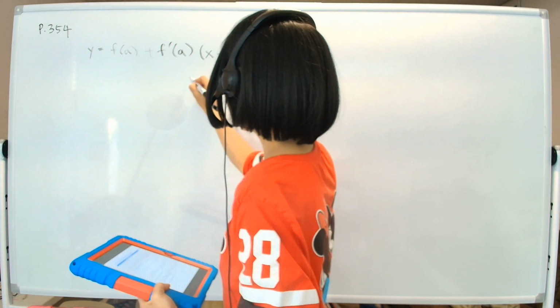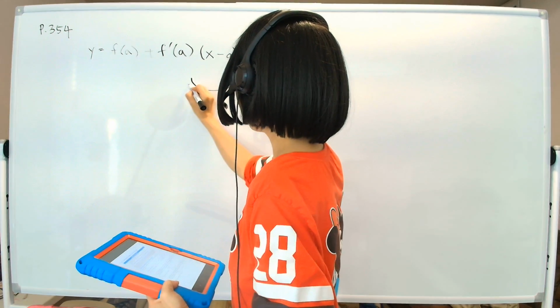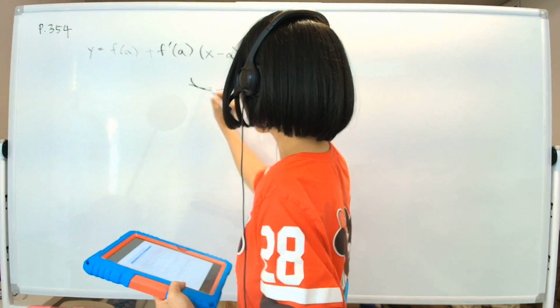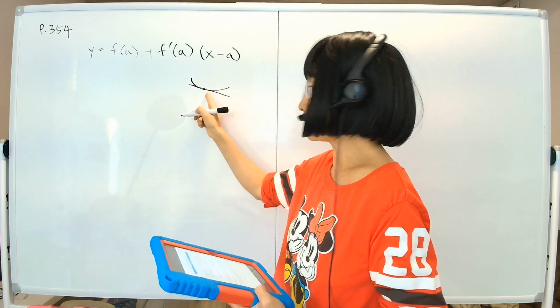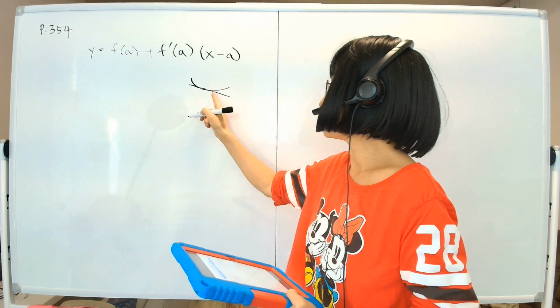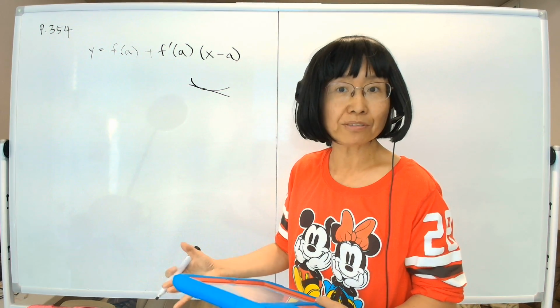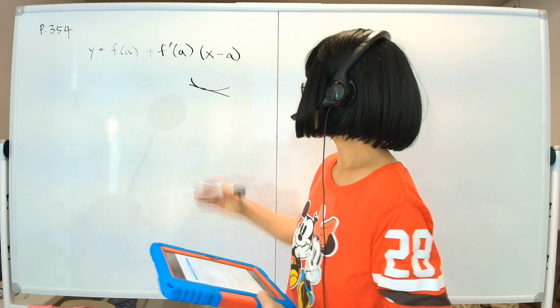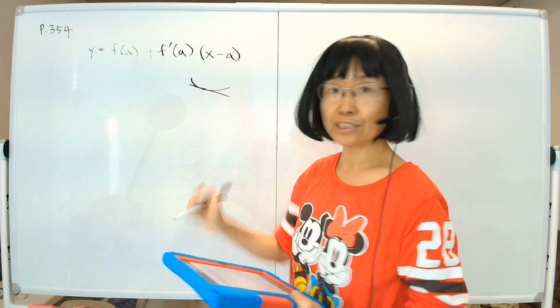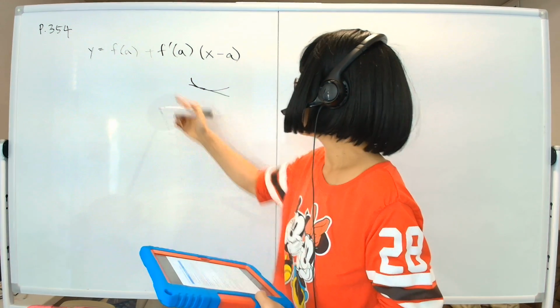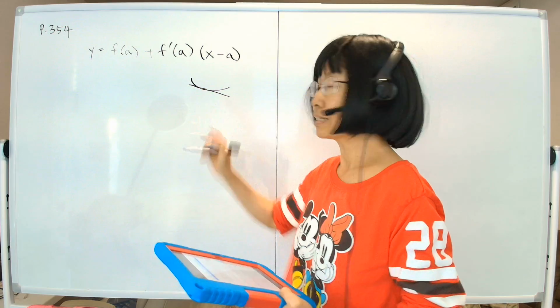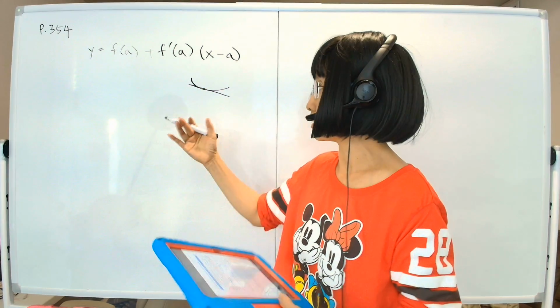If you have a tangent line at some point, nearby that point the tangent line is almost the same as the function. If the function is differentiable at this point, it has a tangent line. So the tangent line can be used to approximate the function itself.